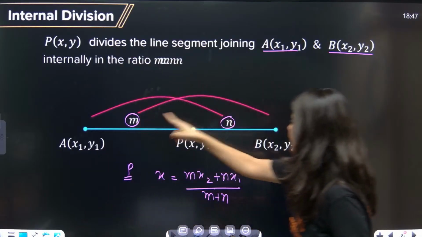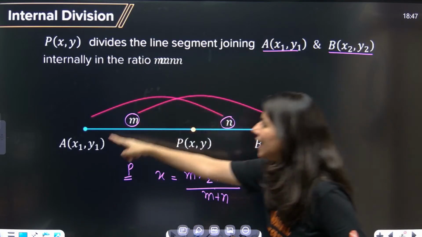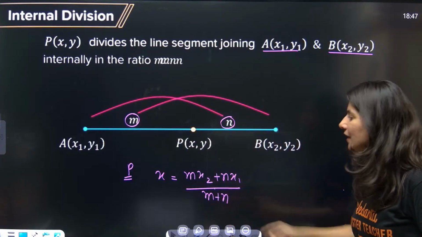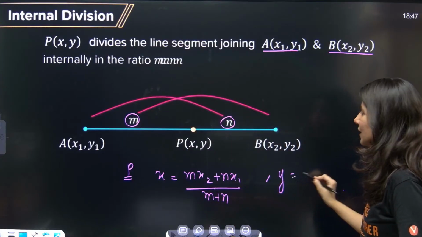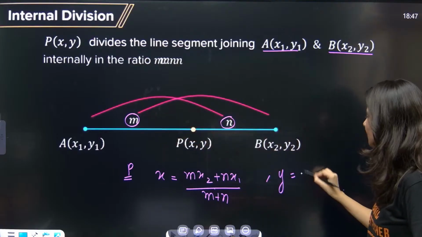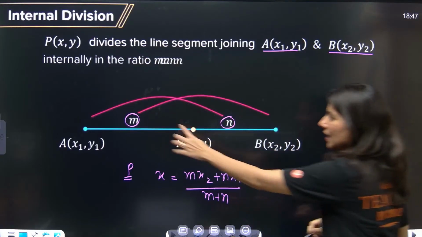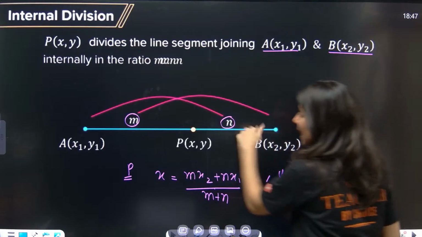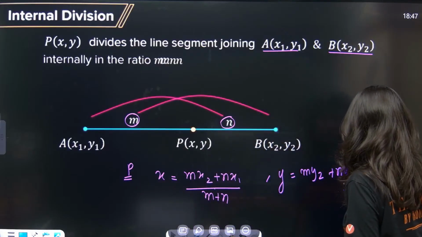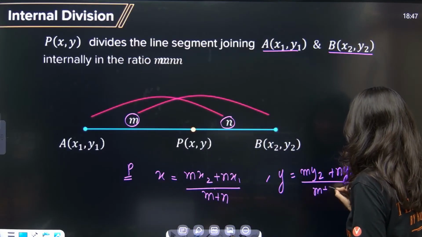Remember, (mx2 plus nx1) whole upon m plus n, comma. The y coordinate will be what? my2, crisscross. Remember, my2 plus ny1 upon m plus n.